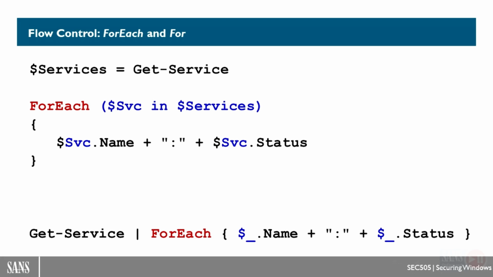Now in this case, ForEach at the bottom of the slide is an alias for a command named ForEach-Object. So this is confusing. When the word foreach appears at the beginning of a line, that's a keyword built into the language. But when you pipe into ForEach, what you're really doing is piping into ForEach-Object.